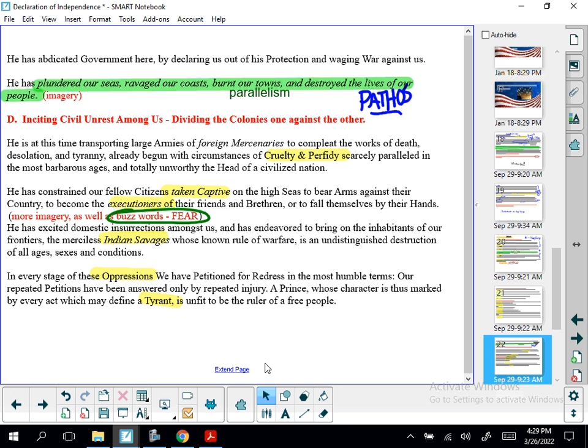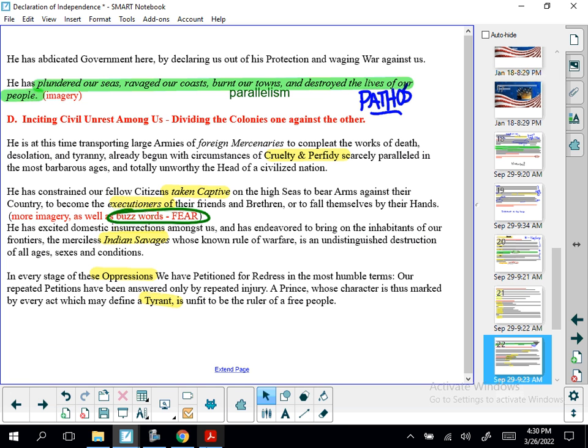And notice the words that he uses. Cruelty and perfidy, which is cruelty and torture. Taken captive, he uses words like executioner, Indian savage, tyrant, oppression. These are all buzzwords to kind of make us be afraid. And I missed one here.